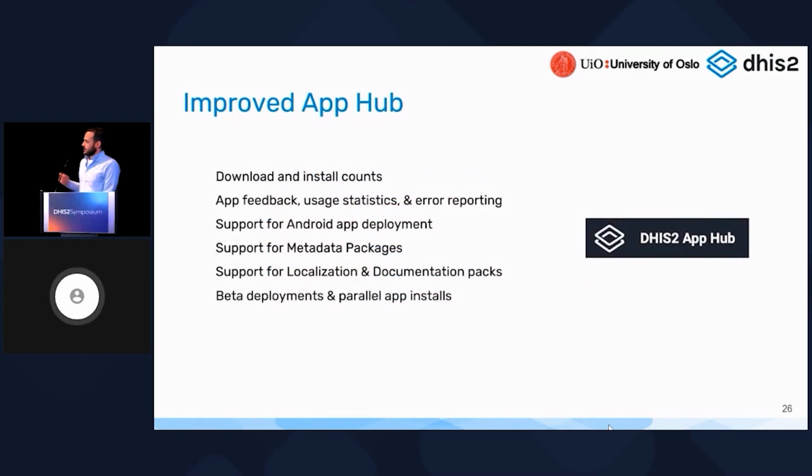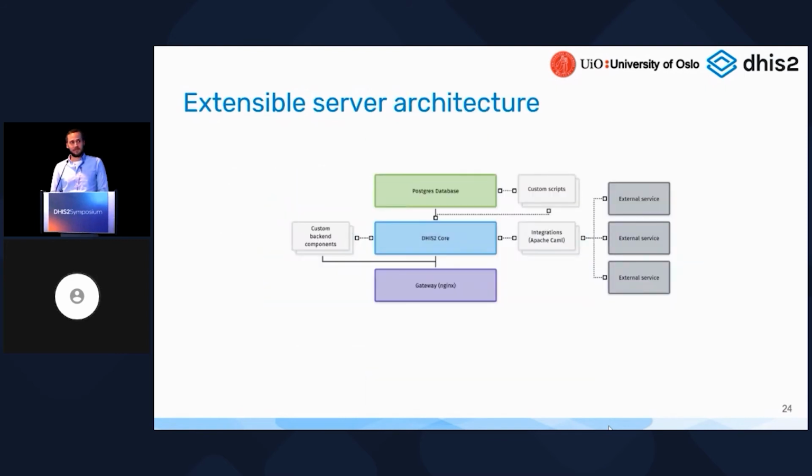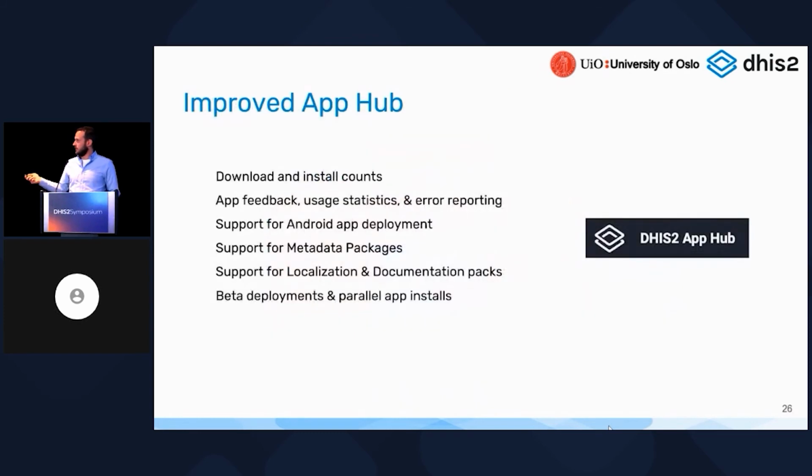So now let's go back to the App Hub, which we can talk about how that can expand to more than just applications. A very common use case we see today is metadata packages. We've heard a lot about several of them that have been built by many of you, as well as by the University of Oslo team in collaboration with WHO.